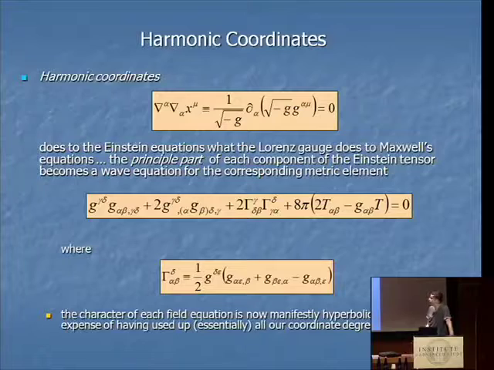Each one of the 4 space-time coordinates, your x^mu, you demand that it independently satisfies a covariant wave equation. This is not a vector equation. This is a set of 4 scalar equations, one for each space-time coordinate. So you're saying essentially box x^mu equals 0. And this is just the form of that expanded in terms of the metric.